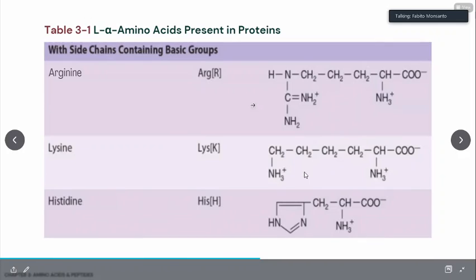Then we have lysine, which is also basic here. Then we have histidine. Okay, the imidazole group here is basic.